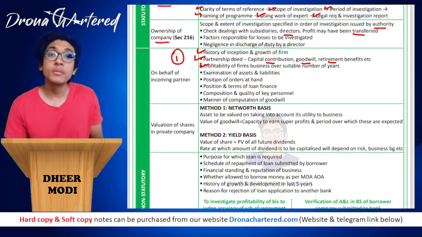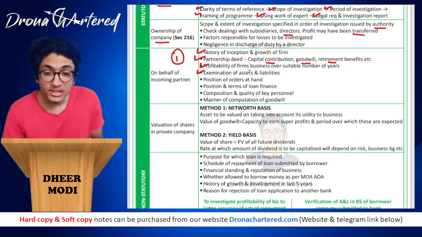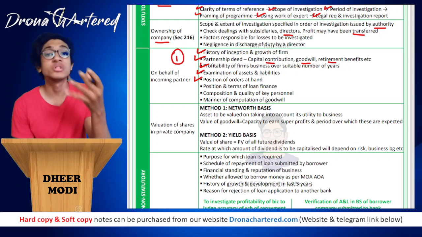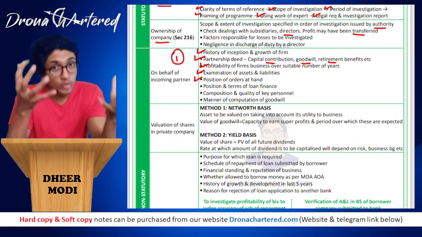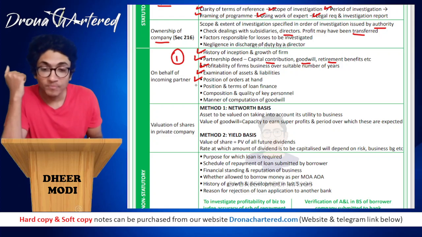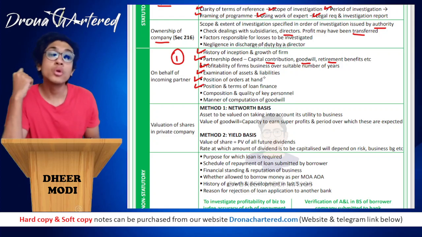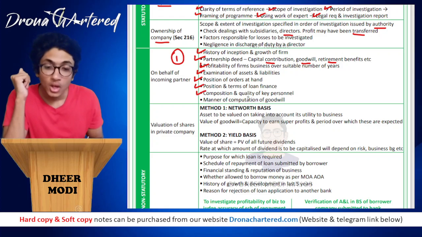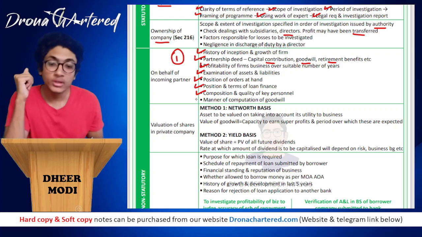Next is profitability of the business, examination of assets and liabilities, position of orders at hand. Position of orders at hand means you have already received the order, you still have to deliver. Position and terms of your loan finance, that means whatever loan you have taken, what are the terms of the loan. Composition and quality of your key personnel, and last is manner of computation of goodwill.